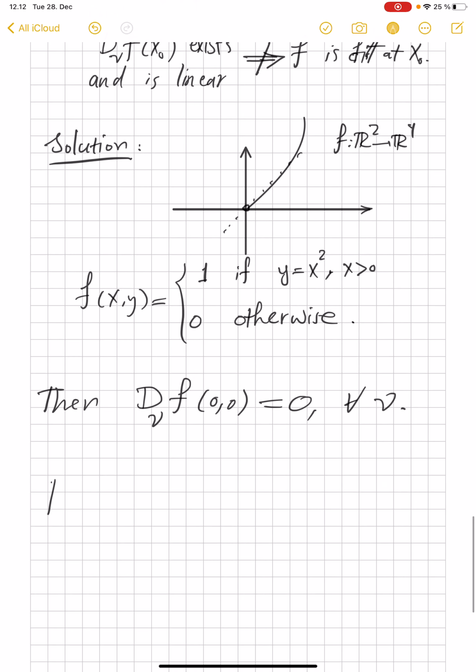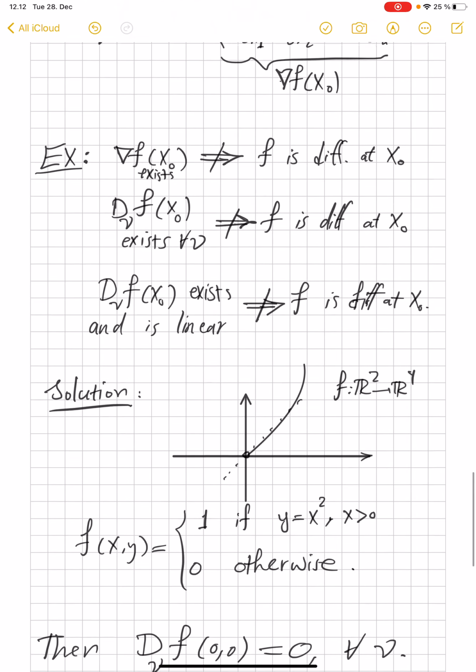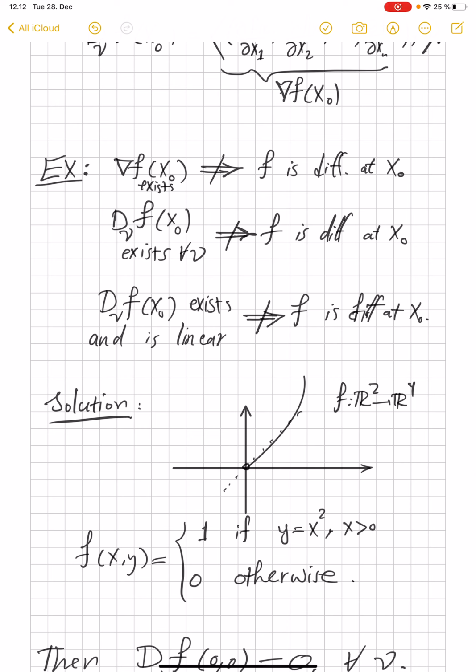Okay, now let's talk a little bit about the proof of Rademacher for Rn into R1. The proof actually follows this line of 1, 2, 3 backwards.